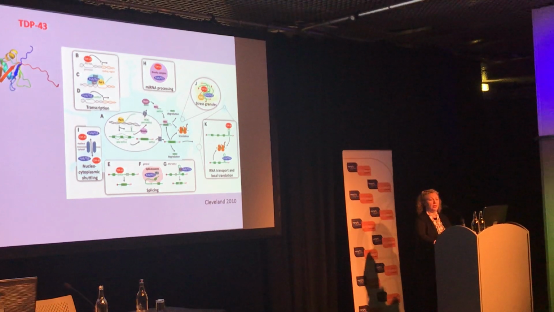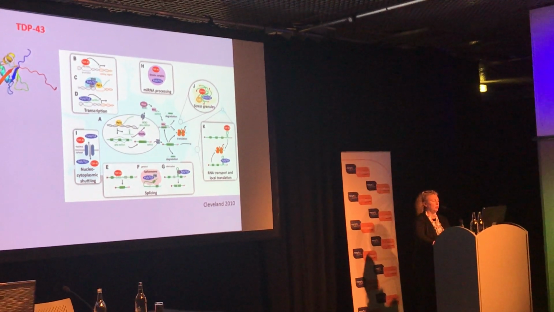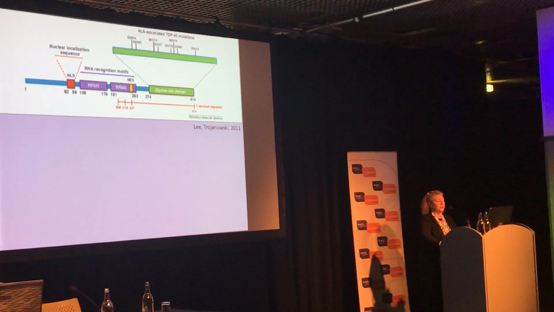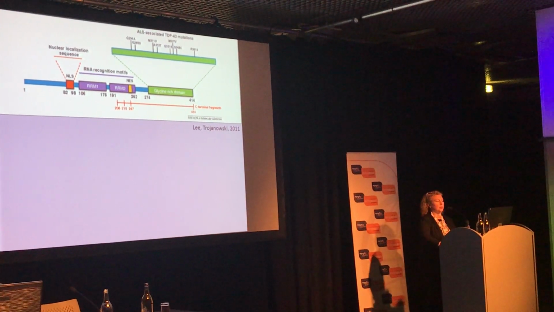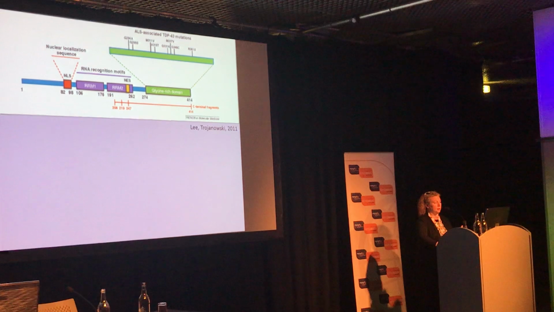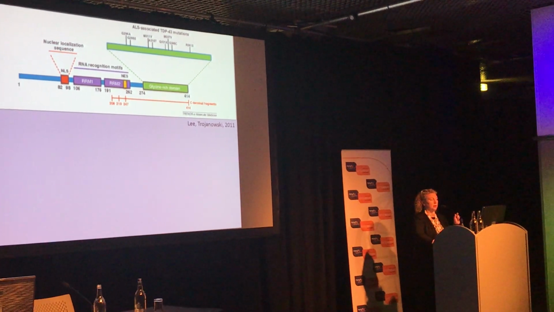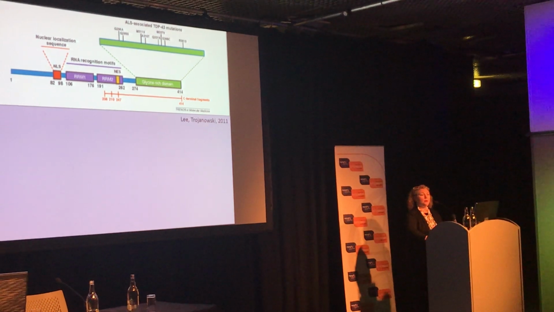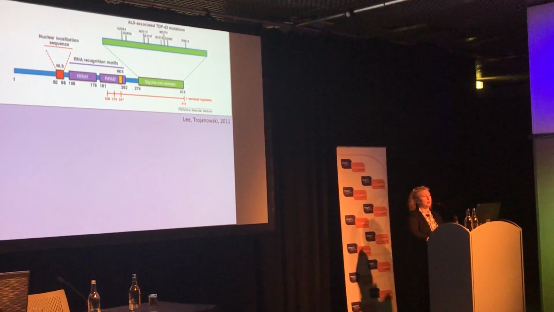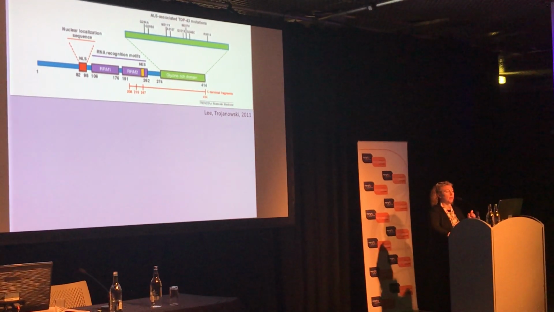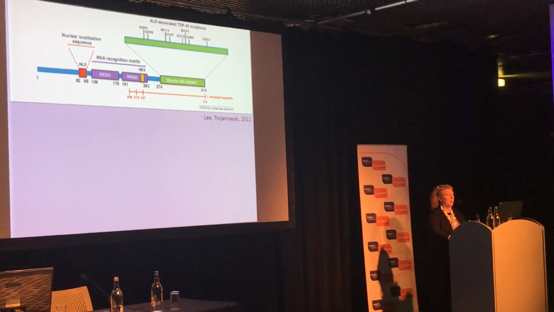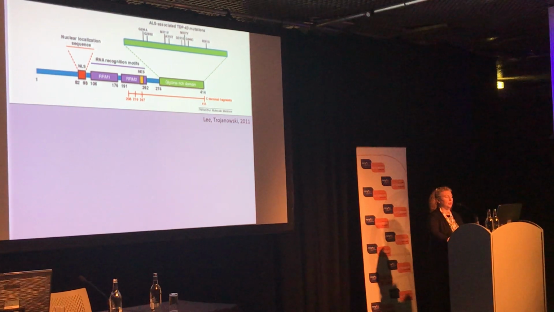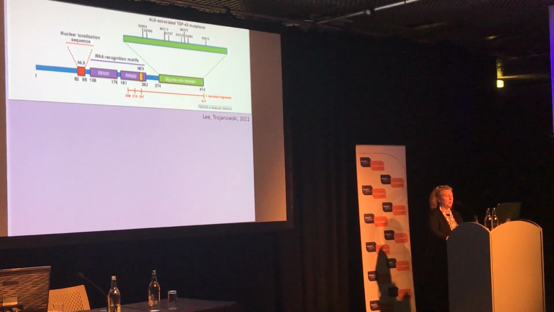The TDP gene has very important domains: the NLS domain, the RNA recognition motif, and the glycine-rich domain. The mutations detected in ALS and ALS-FTD patients are mainly in the glycine-rich domain, but there are also mutations in the RNA recognition motifs and the nuclear localization sequence.